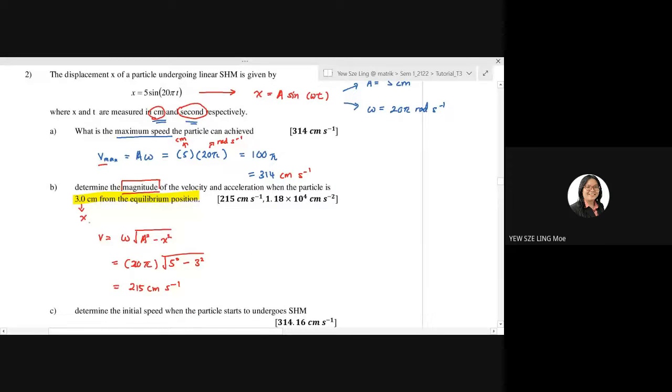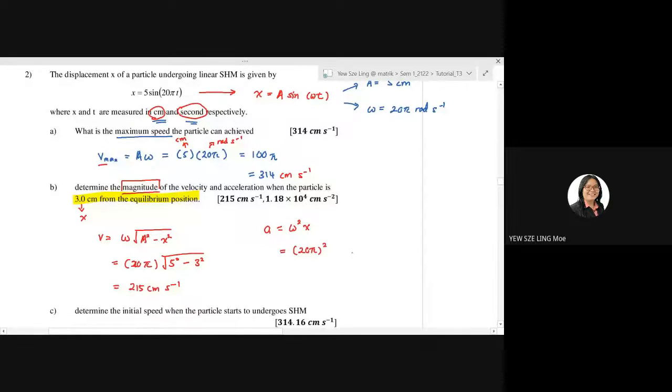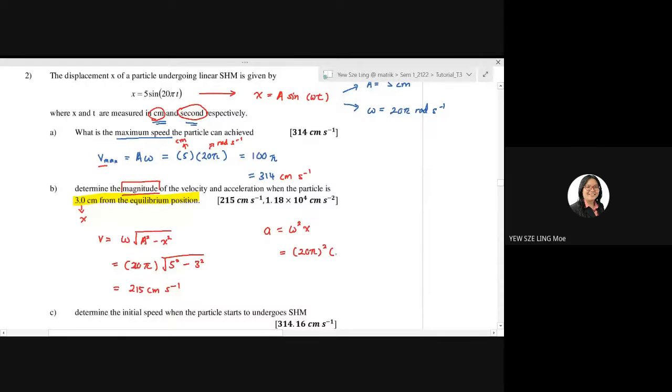You are given displacement, so you use equations with displacement. V equals omega square root of A squared minus x squared. Whereas for acceleration, the equation in terms of x is a equals omega squared x. Therefore, it equals 20 pi squared times x, where x given is 3 cm, times 3.